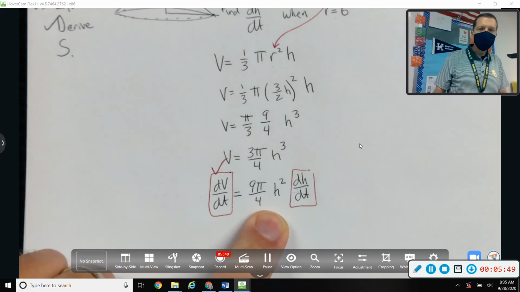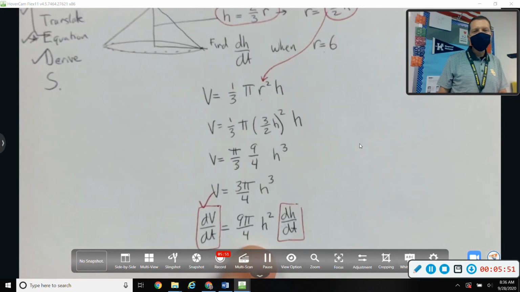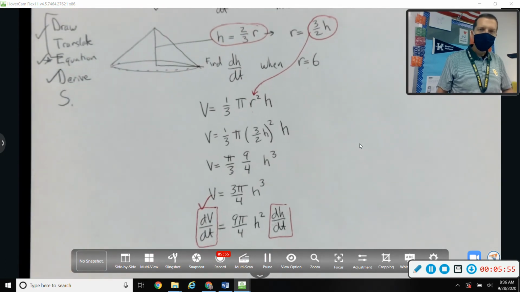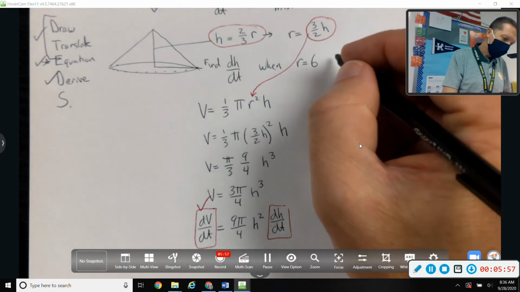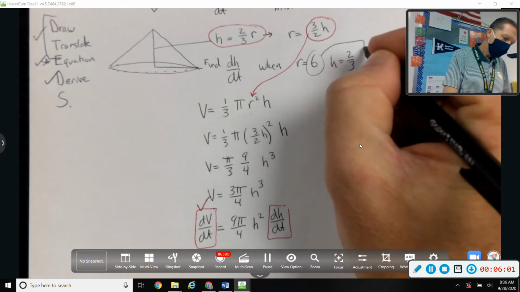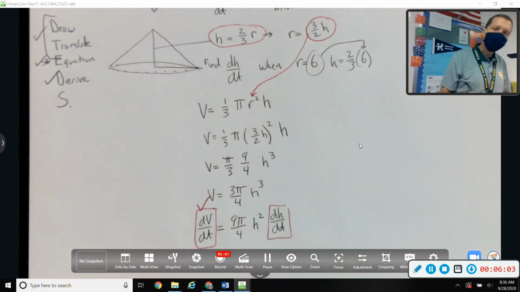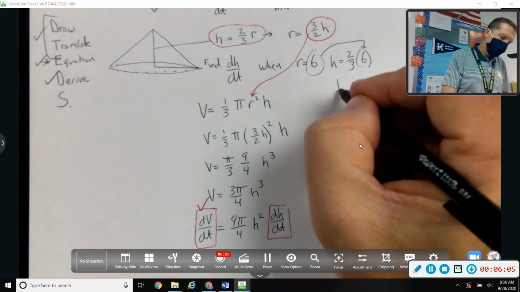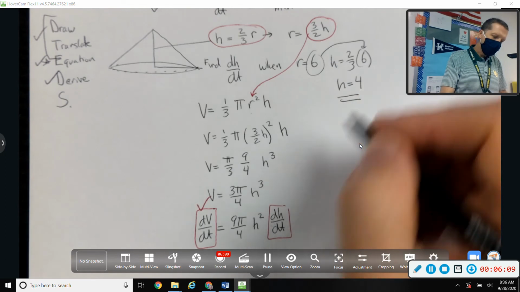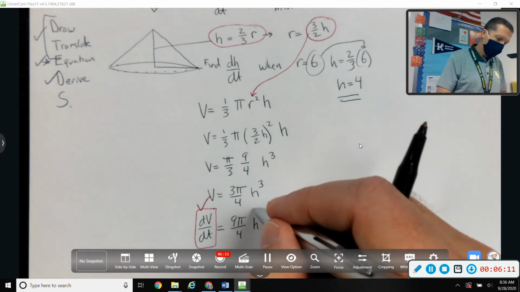And I don't know h directly, but I know r is 6, and h is 2/3 of r. So h is 12 divided by 3, which is 4. So I do know h after all.